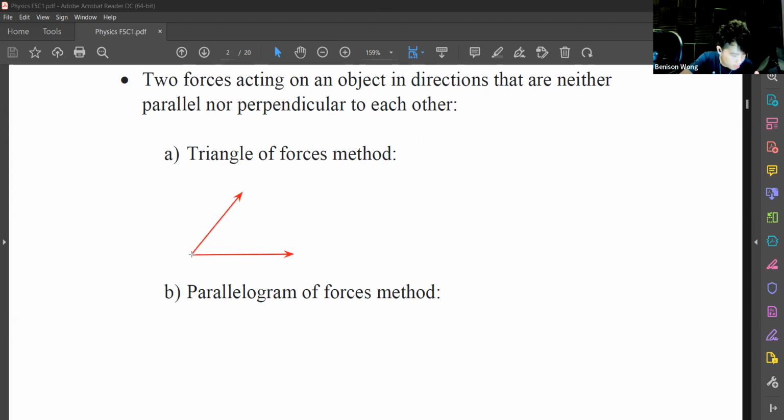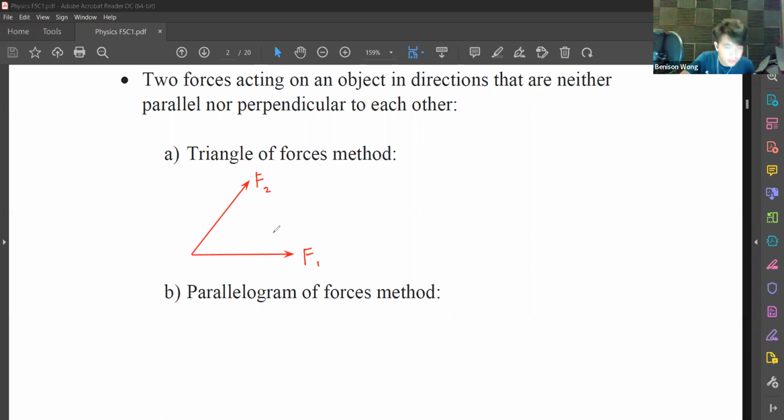And a force here. So I'll be labeling this as F1, this as F2. So there are 2 forces. And then this angle, I'll label this angle as alpha. Okay, you can use any symbol you want, not necessarily alpha. I want to use alpha.